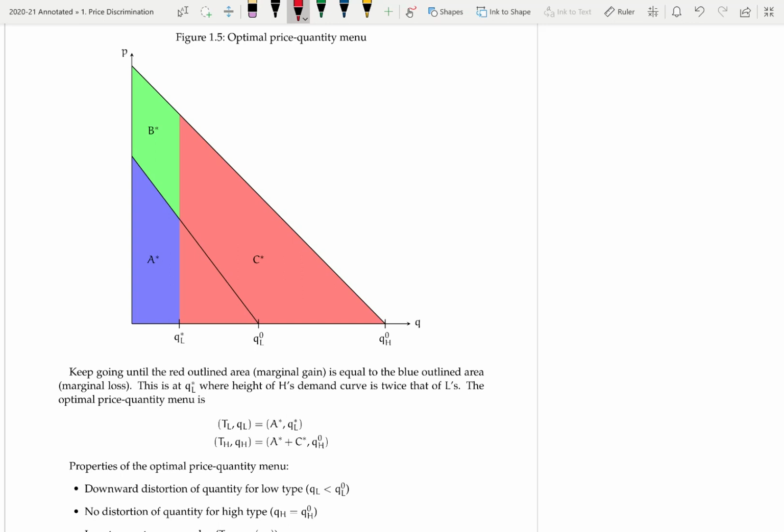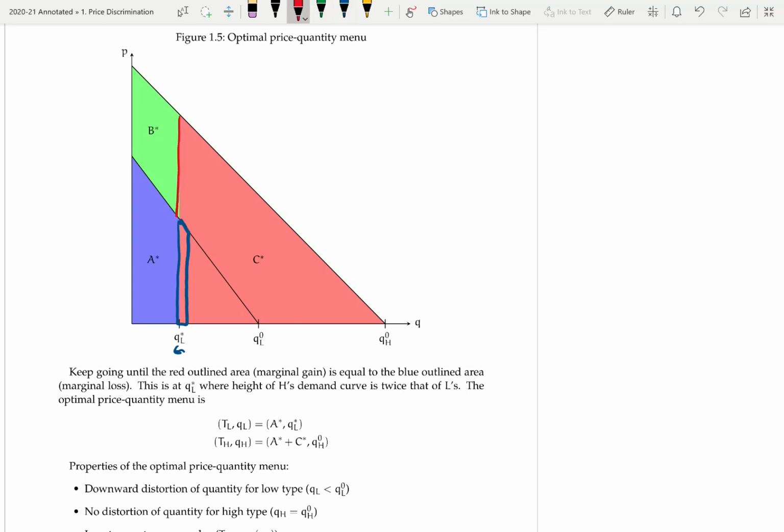Well, let's think about that last small reduction in quantity. The loss, remember, is the area under L's demand curve between the old and the new quantity. So we've got the small change in quantity because we have to reduce the price in the pair meant for L by that area. The gain is going to be the area between the two demand curves and those two quantities.